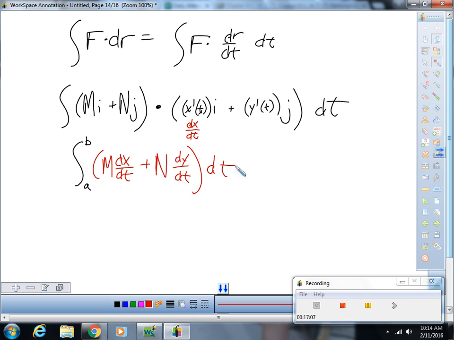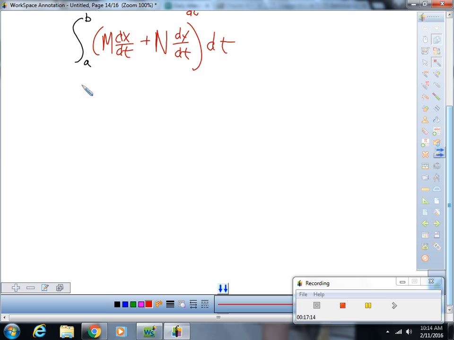And then we can write that in the differential form. Any guess? M dx plus N dy, and now our dt is gone. Okay? And so we will start working on some problems with that tomorrow. Thank you. Boom!